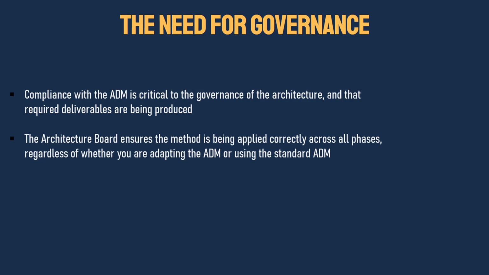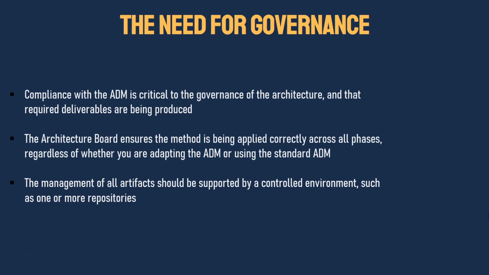The architecture board plays an important role in ensuring that this method is being applied correctly across all phases of the ADM, regardless of whether you are using the out-of-the-box ADM or you have adapted it. The management of all artifacts should be supported by controlled environments such as one or more repositories.